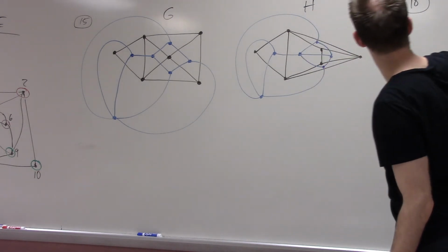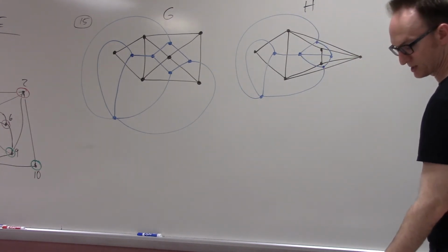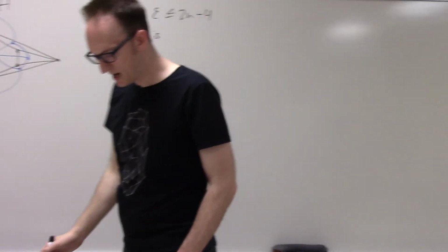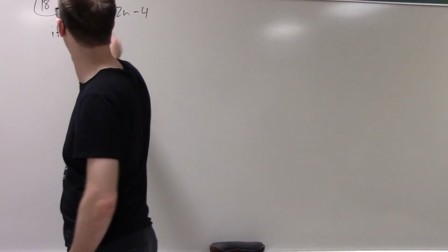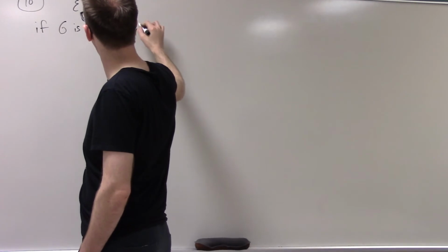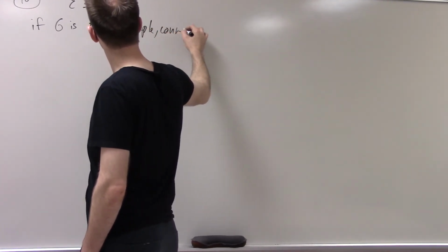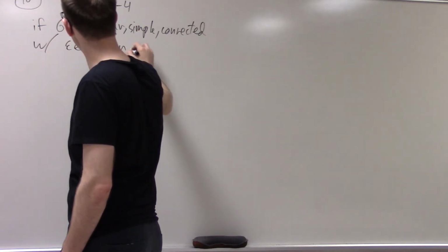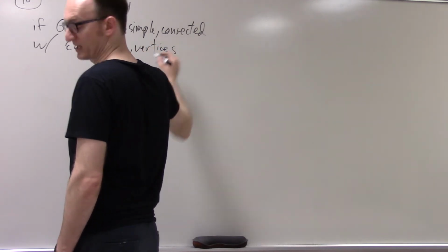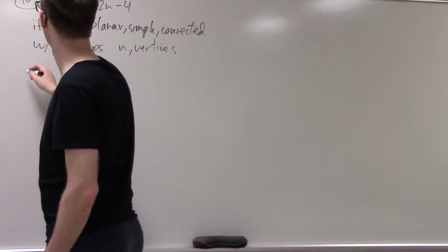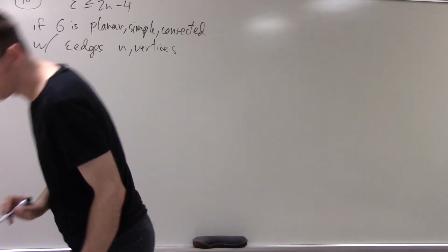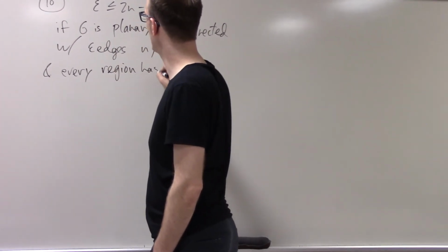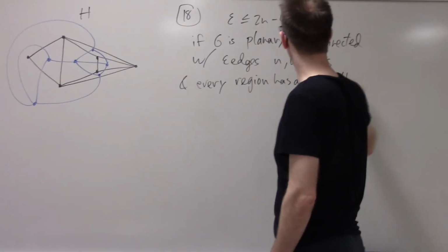But whatever. 18 says that epsilon is less than 2n minus 4 if G is planar, simple, connected, with epsilon edges and n vertices, and there's the additional piece of information that every region has at least 4 bounding edges.